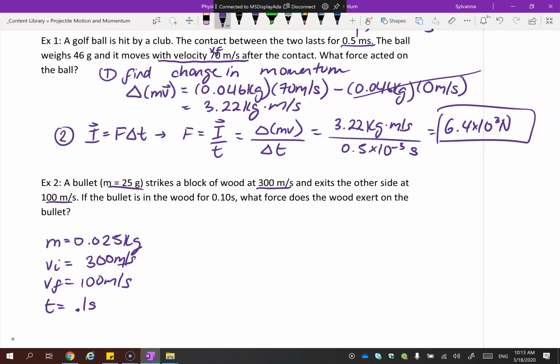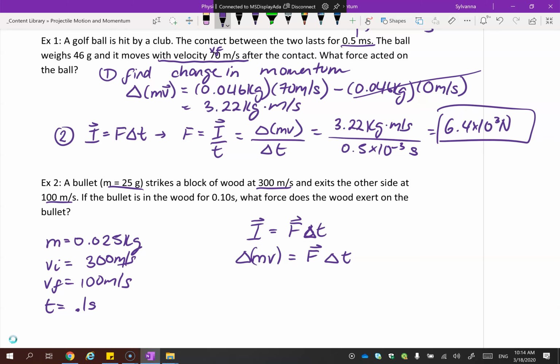Okay, so we know the equation for impulse. I is F times delta T, change in time. I'm going to change impulse as the change in momentum. And we're trying to solve for force.